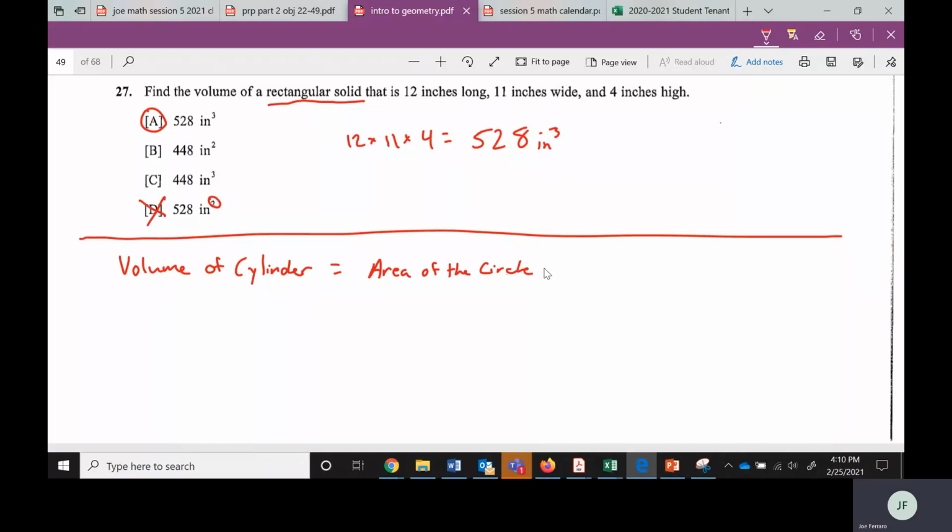And then you're going to take that times the height of the can. So in other words, area of the circle, remember, is pi r squared and then times h. So that is your formula for volume of a cylinder.